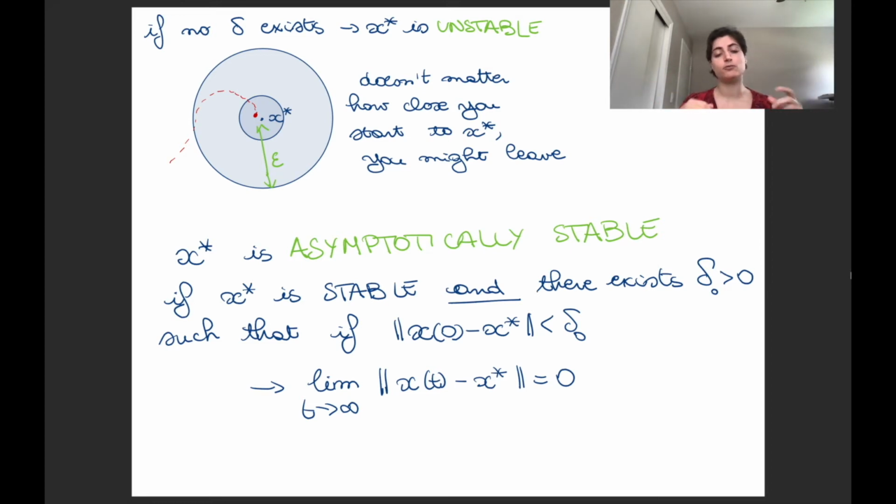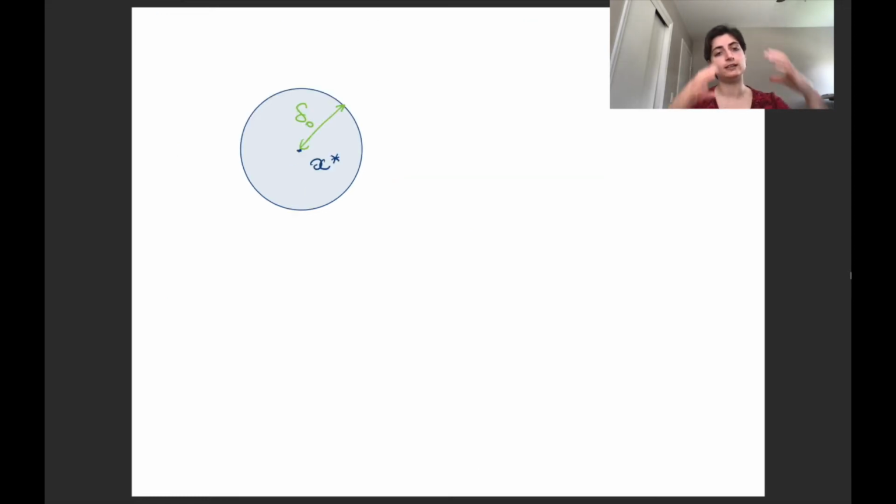The limit for time tending to infinity of the solution started at x0 goes to x star. The norm of the difference tends to 0. This means that if you have your x star and the delta 0, you are doing something but getting closer and closer to x star.